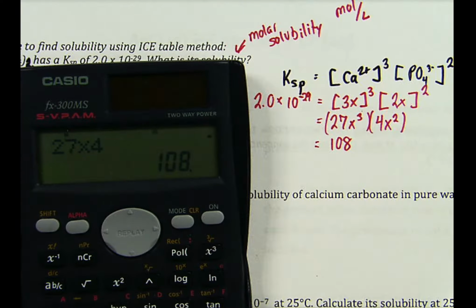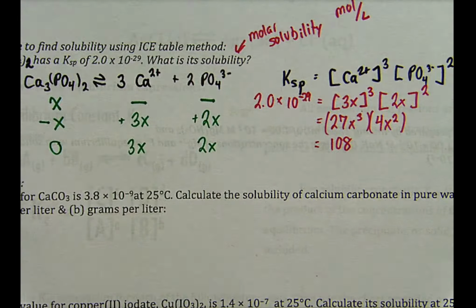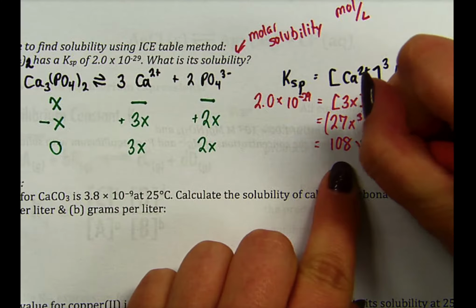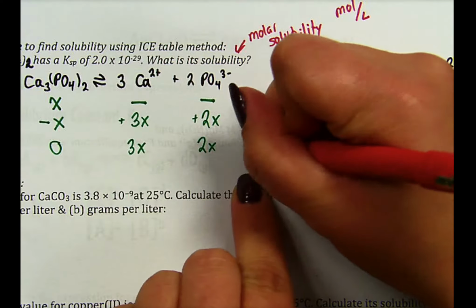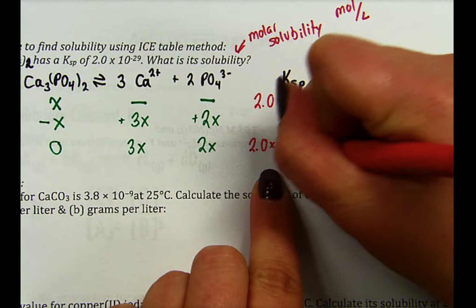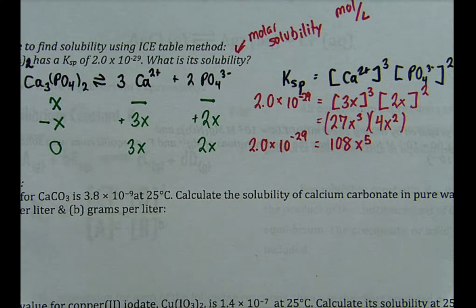And then you need to remember your rules of exponents. When you're multiplying exponents, you add them. So it'll be 108x to the 5th. Okay, so we have 2.0 times 10 to the negative 29th equals 108x to the 5th, and we need to solve for x.